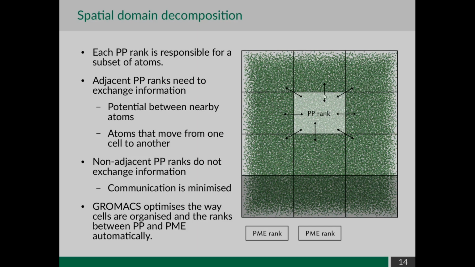However, this particle rank will never need to communicate with the cells that are far away because the atoms are too far. They're not going to interact. So because of this, communication is minimized. Each CPU core only needs to communicate with the minimal amount of other CPU cores in order to perform the work. And Gromacs does all of this automatically. It optimizes the way the cells are organized and how the ranks are split between particle and PME automatically.